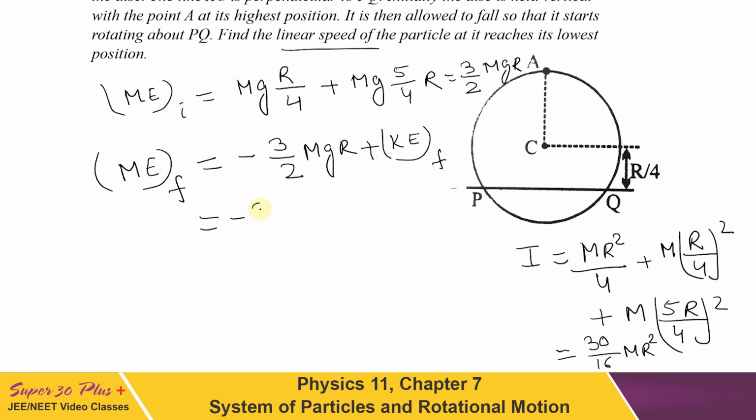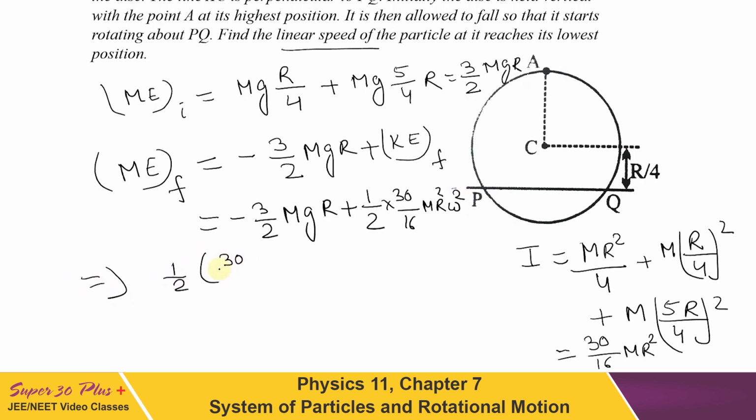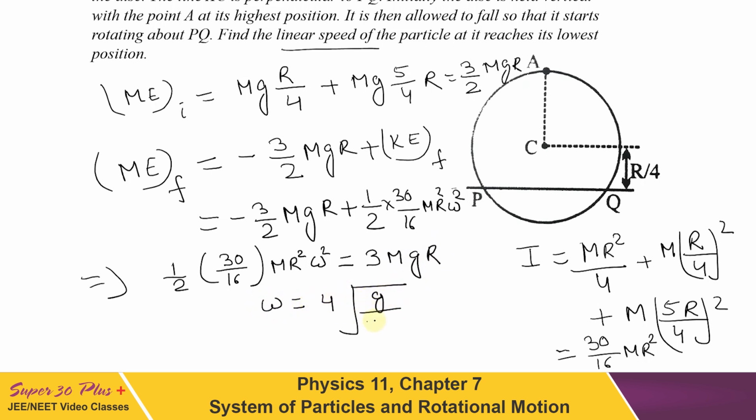This will be minus 3 by 2 m g r, plus half I omega square, so in place of I we write 30 by 16 m r square omega square. On solving further, 1 by 2 times 30 by 16 m r square omega square equals 3 m g r. Now on solving, omega comes out to be 4 under root g by 5r.